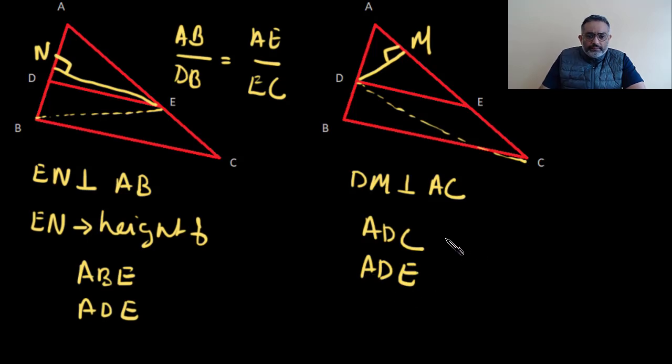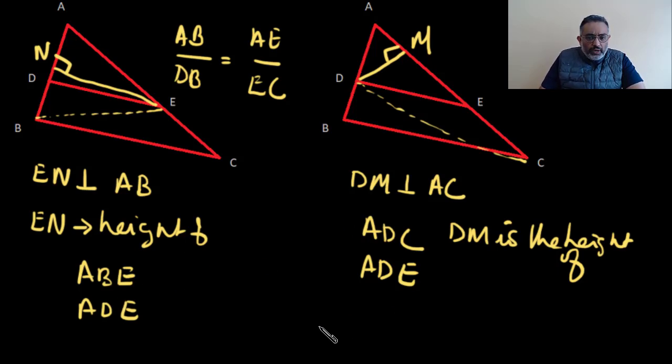Right? DM is the height of these triangles. Now the core concept that we are going to apply here is the area of triangles.